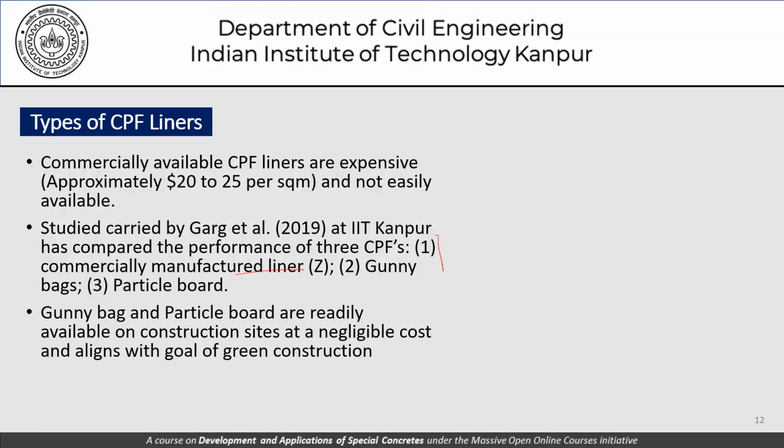So we used 3 materials as CPF, and we tried to study their effectiveness, in terms of the improvement in the properties of surface concrete. Gunny bag and particle boards are readily available at construction sites at a negligible cost and aligned with the goals of green construction if you are so inclined.